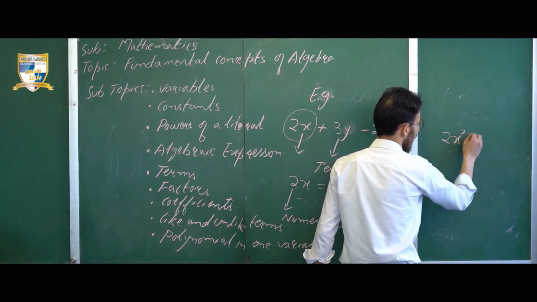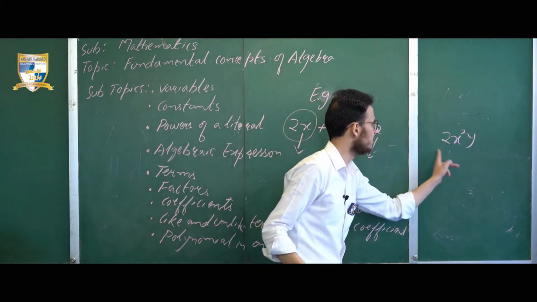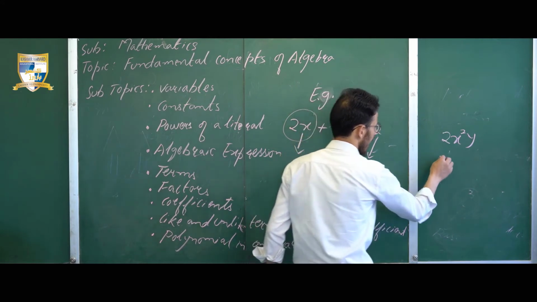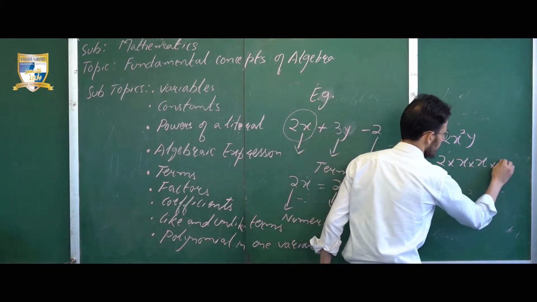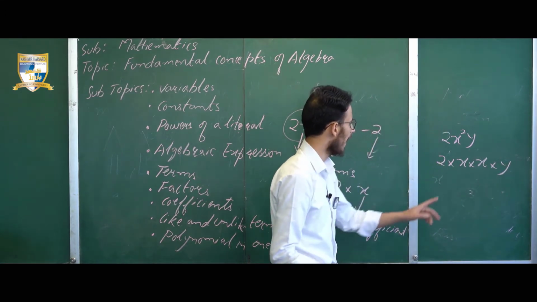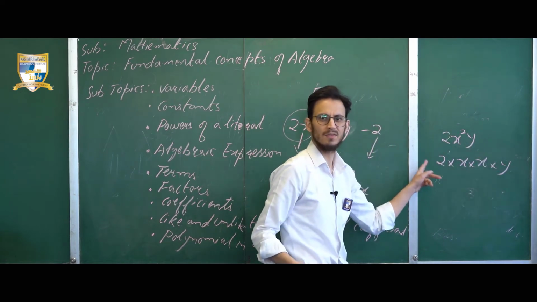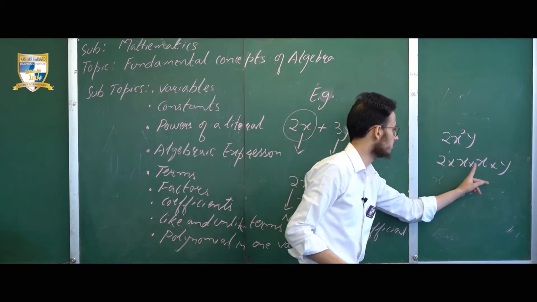2x square y. So here we have 2x square y, a single term, because we don't have here plus or minus sign. So if I expand it, 2 multiplied by x multiplied by x multiplied by y. So in this term we have 2, x, x and y. These are the factors of this term. And 2 is only here the numerical coefficient of x square y.